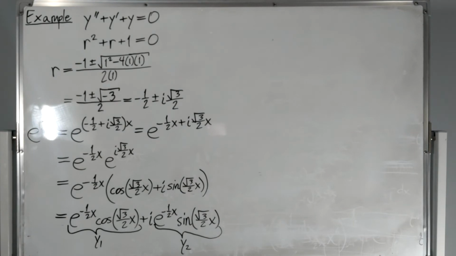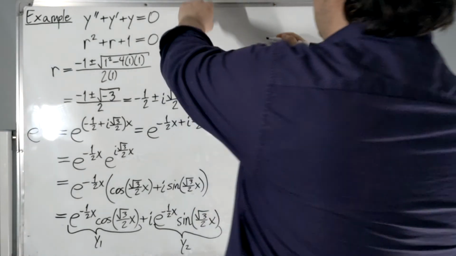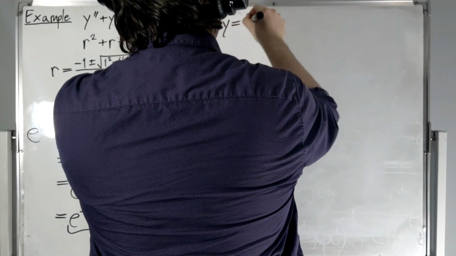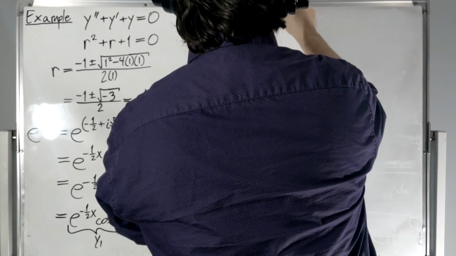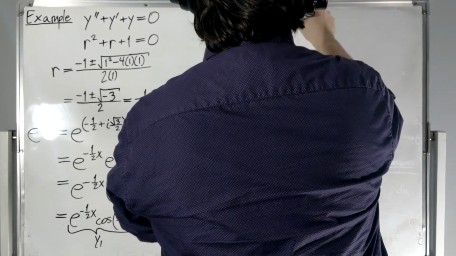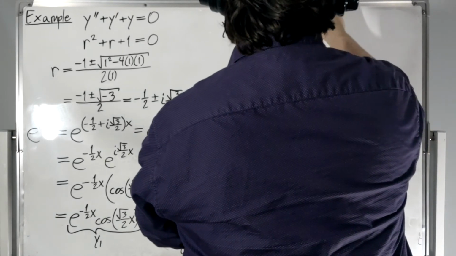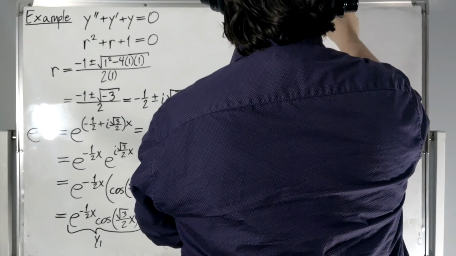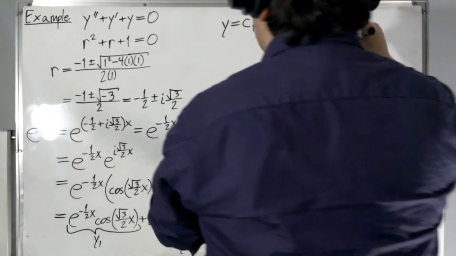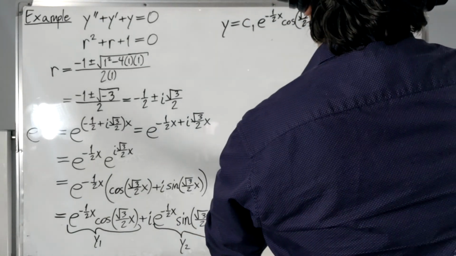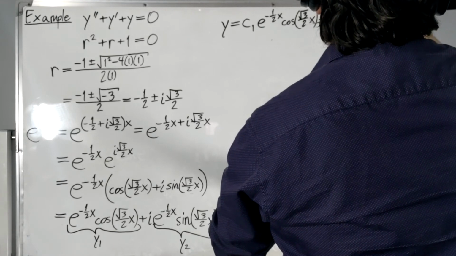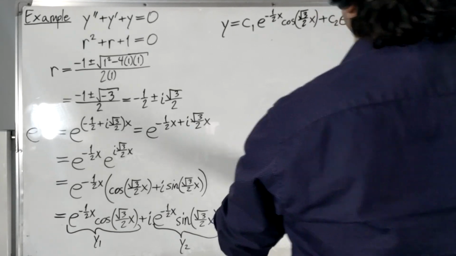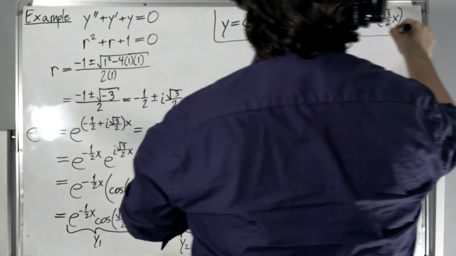The point is that they are two linearly independent solutions to this second order ODE. So therefore the general solution is all the linear combinations of those: C1 e to the negative 1/2 x cosine of root 3 over 2 x plus C2 e to the negative 1/2 x sine of root 3 over 2 x. And that is our general solution.